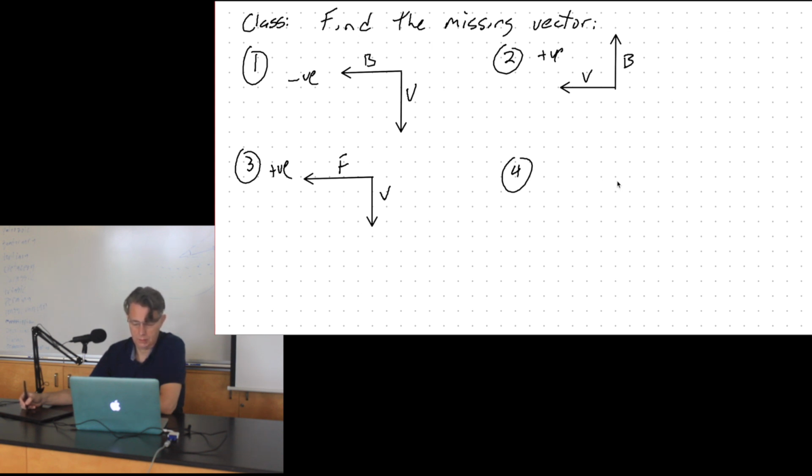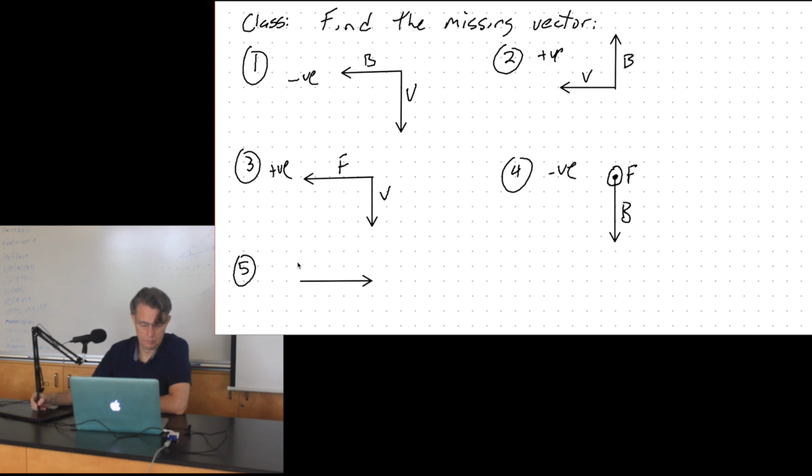Yeah, how about that? V, no. B, F, negative, and then 5. F, B, okay, and then 6.